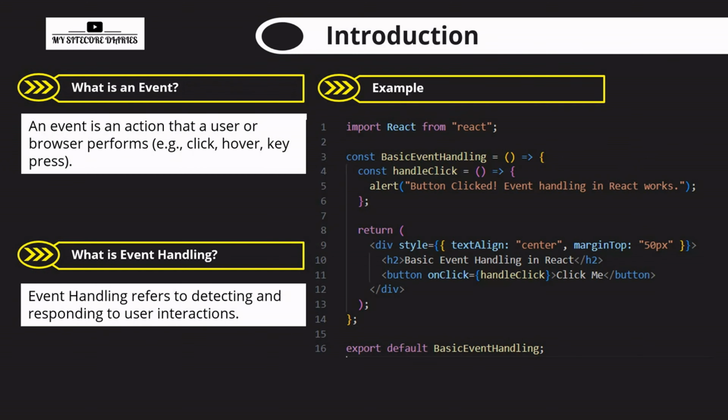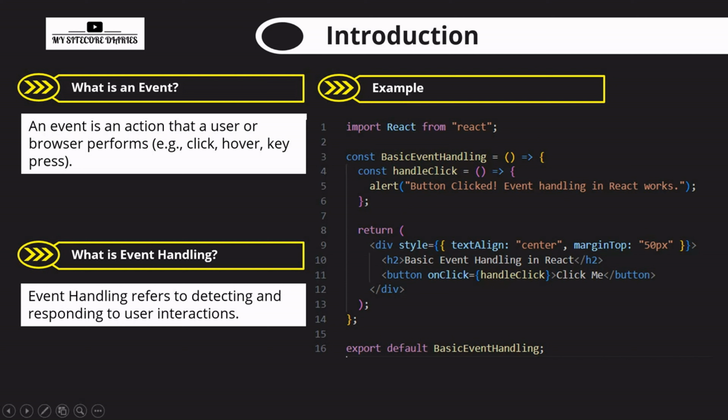We have a basic React component named BasicEventHandling. Inside this component we define handleClick. This handleClick function shows an alert message box when the button is clicked.